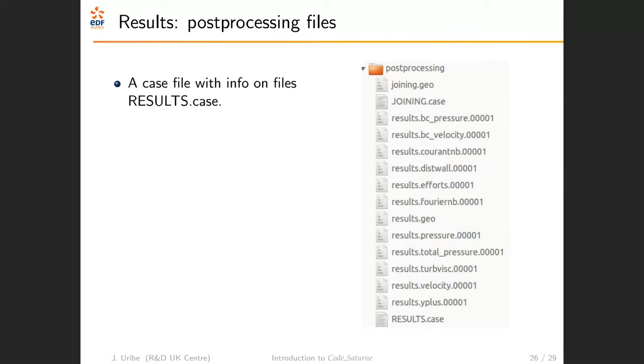The results file, as I was saying before, will have different files that can be used in Paraview. So those files have the extension .case. That's what you load in Paraview. It's a very simple text file that just tells the post-processing software what variables are to be read, how many time steps, and what's the mesh file.